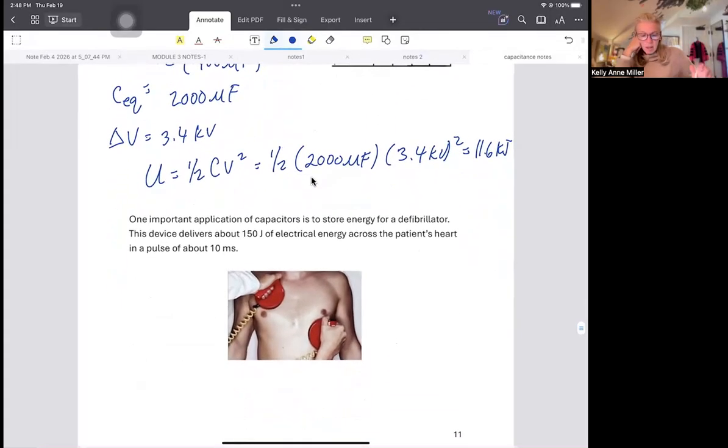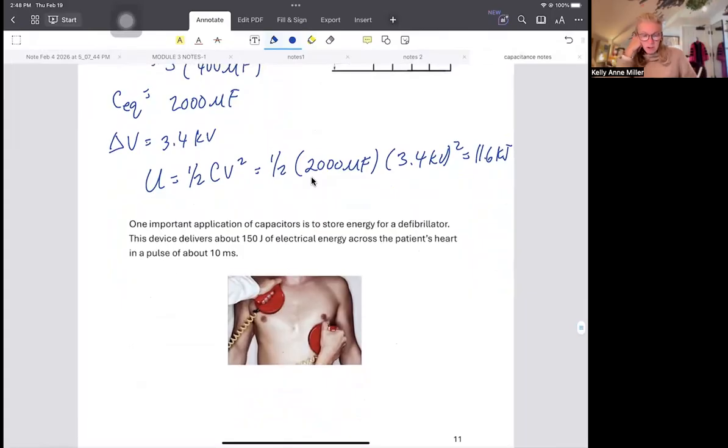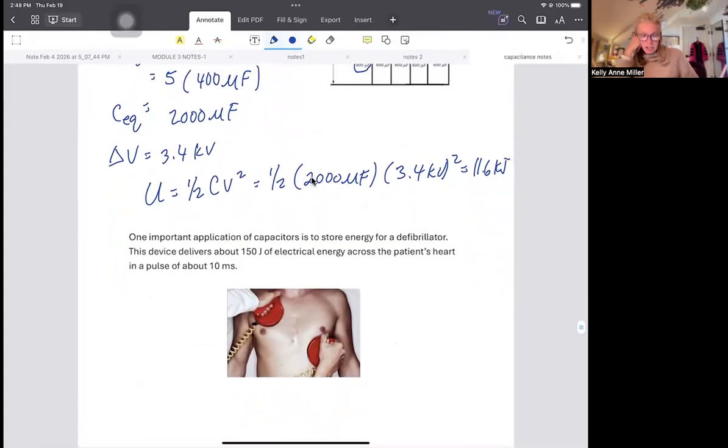One interesting application, for those of you who are interested in medicine: capacitors are exactly how defibrillators work.